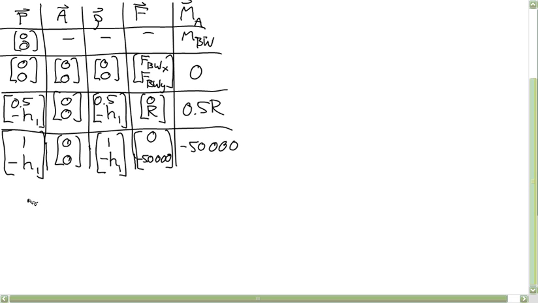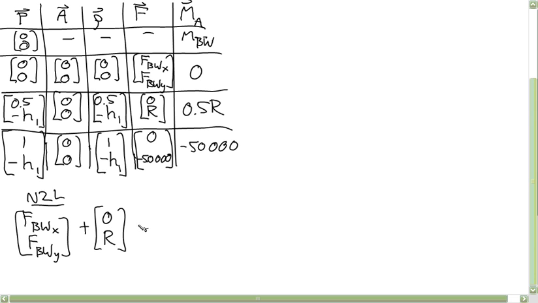All right, Newton's second law says F BWX, F BWY, plus 0, R, plus 0, negative 50,000, is equal to 0, 0.